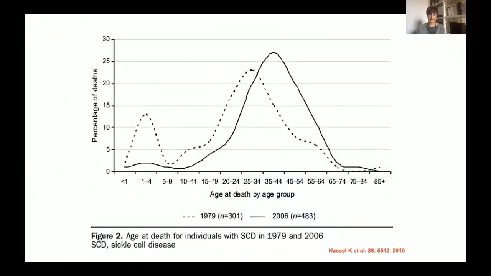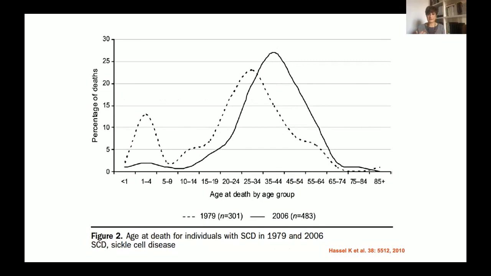This is also highlighted by this survival curve, where you definitely see an improvement in the survival of patients in pediatric age, with a shift towards the right of the survival curves in the adults, with still a high mortality compared to the healthy population matched by age and ethnicity.